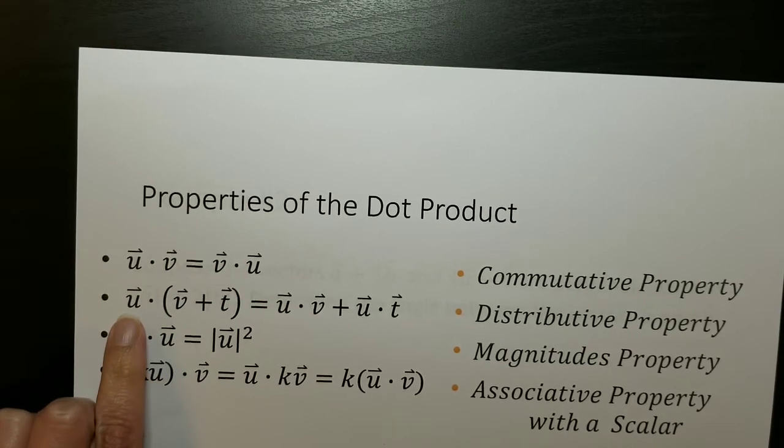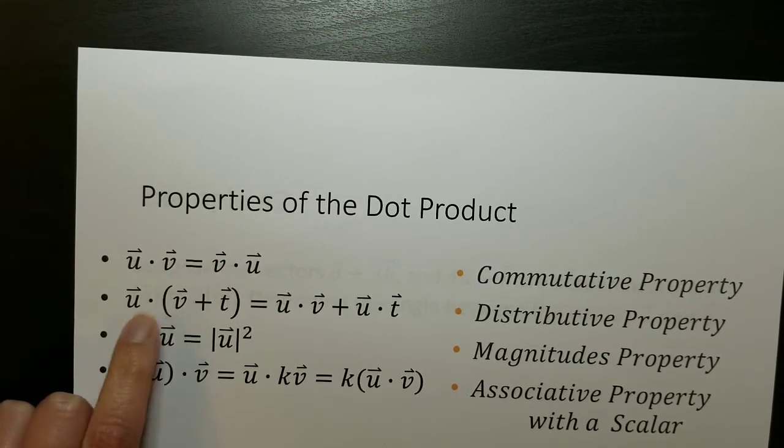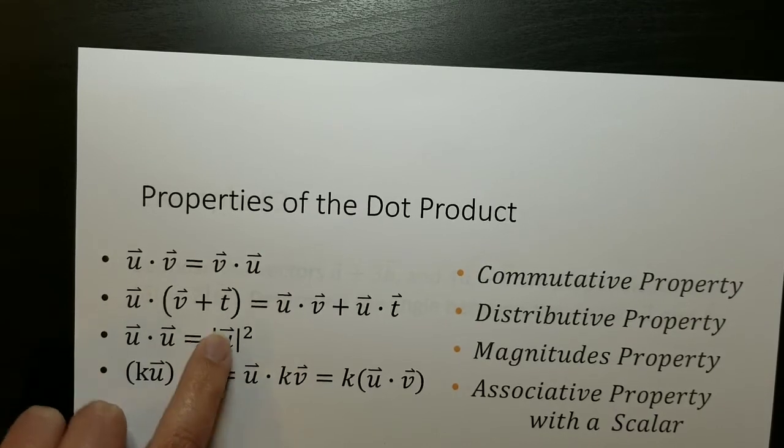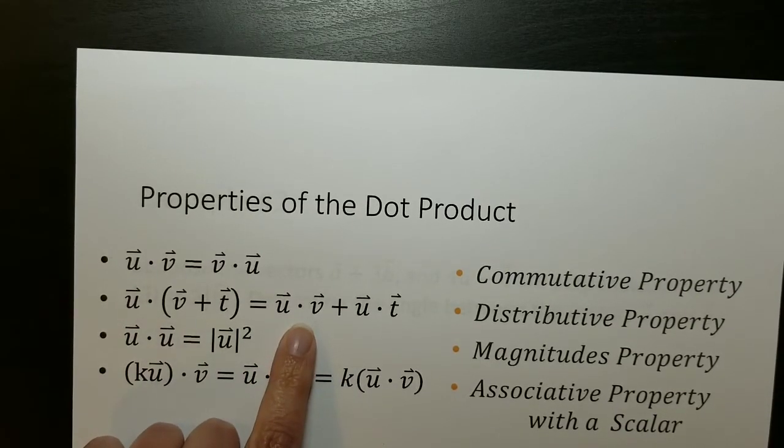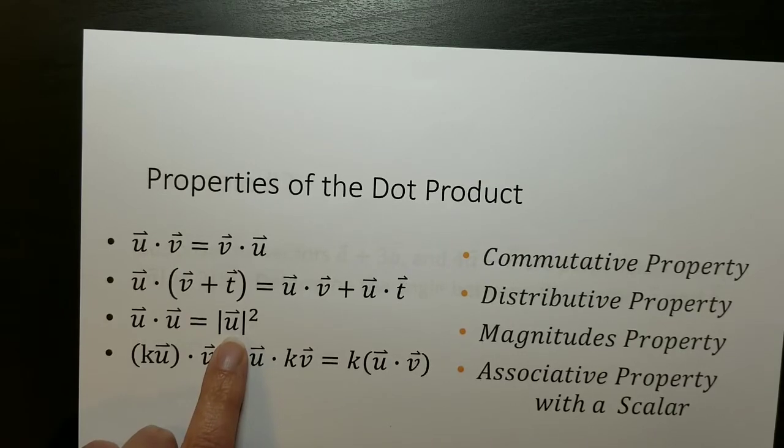Distributive property works. So if you have a vector dot the sum of 2 other vectors, you can do u dot v plus u dot t, as shown there. We also talked about this one. If you have the dot product of a vector with itself, it's just that magnitude squared.